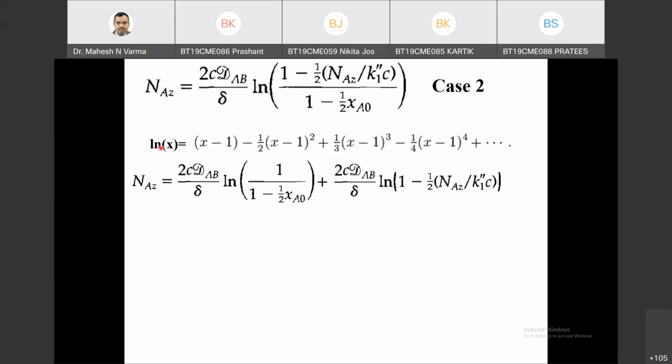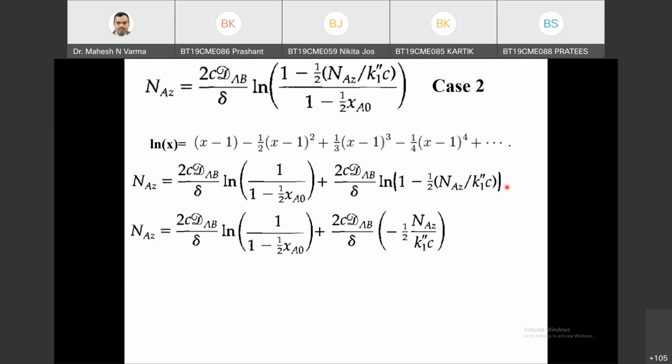Now you can use this expansion formula for this. That will be equal to minus, this will be x minus 1, neglecting all higher order terms. This will be equal to minus half NAZ over K1 double dash C. Now you can see this C will get cancelled, this 2 will get cancelled.